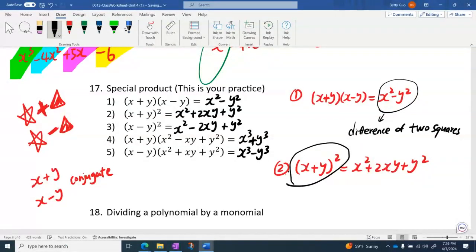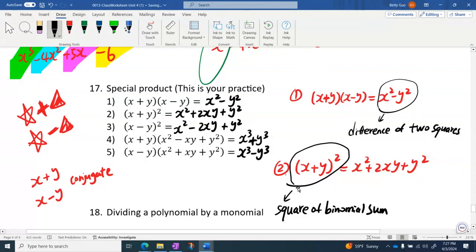This is a square of binomial sum. This is something you need to take a note of, including in your notebook. This is the structure of this expression. It is a square of binomial sum.